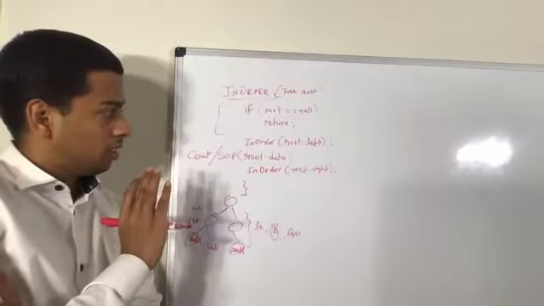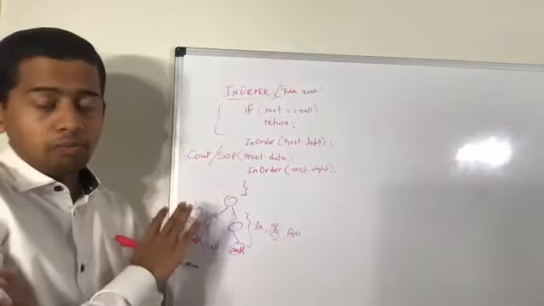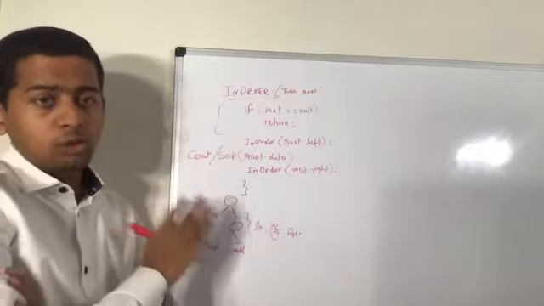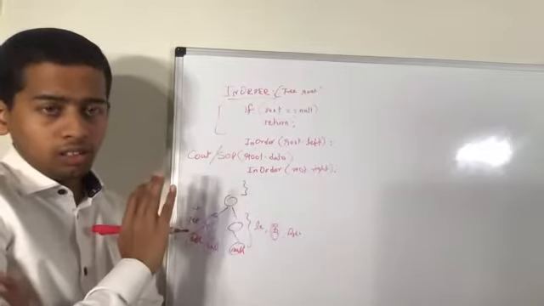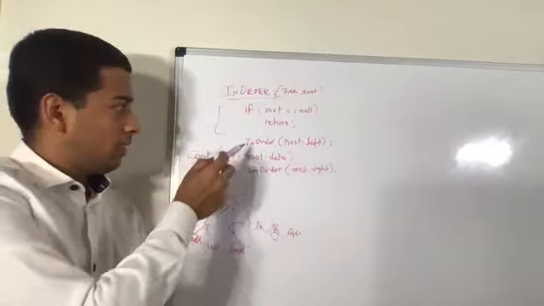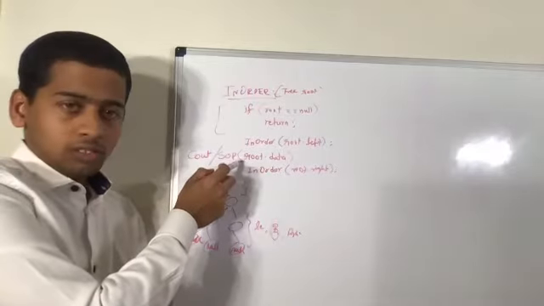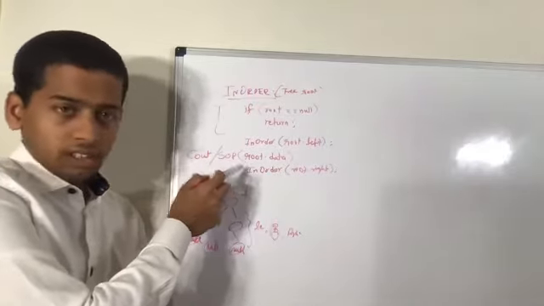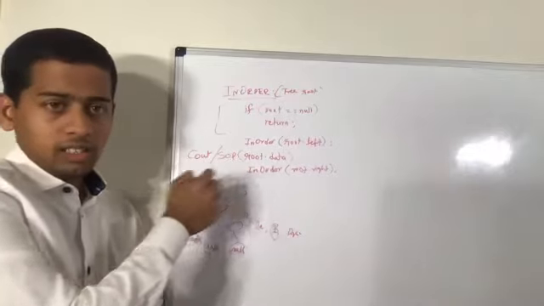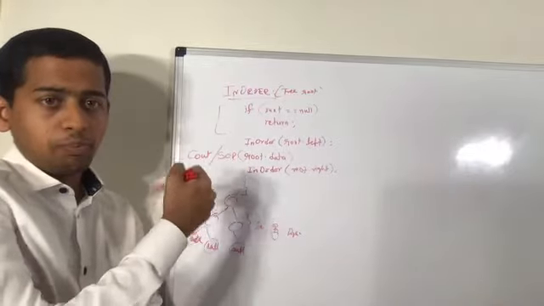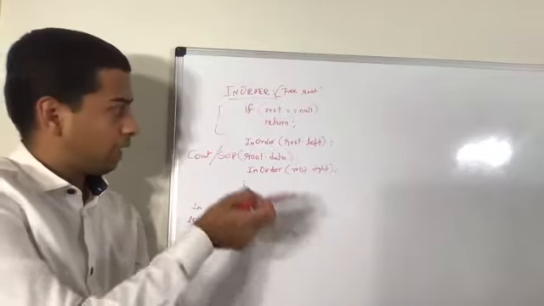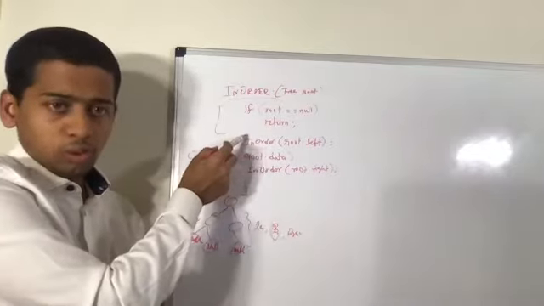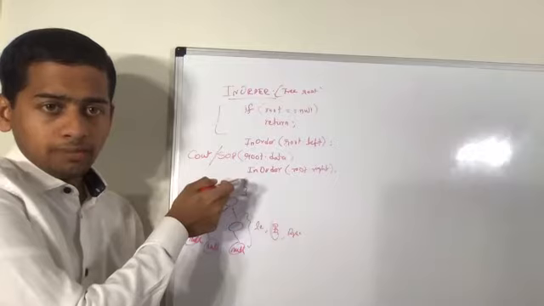And now you can easily tell me how a pre-order traversal and a post-order traversal implementation will look. See, what did we do? Left, root, then right. That's in-order traversal. If I have to write a pre-order traversal, I should first print the root, then go to the left, then go to the right.